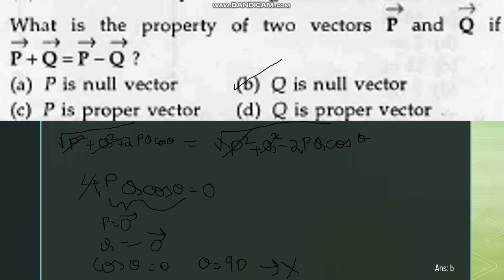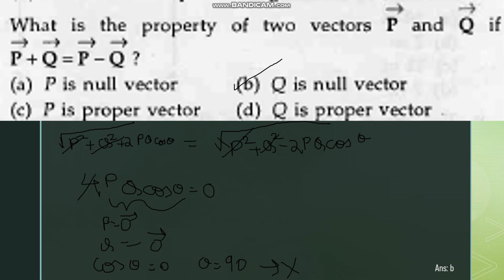So we can check that if P is a null vector and we see this in the equation, then Q will be equal to minus Q, so Q must also be a null vector. Then both P and Q are null vectors. But if Q is a null vector, then P need not be a null vector.